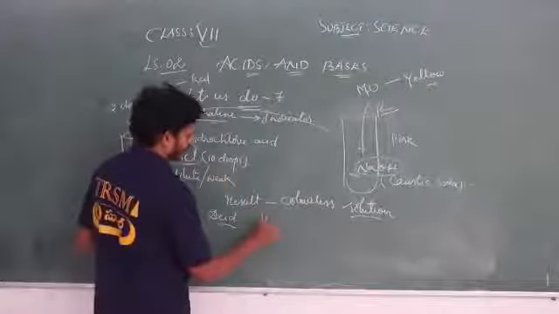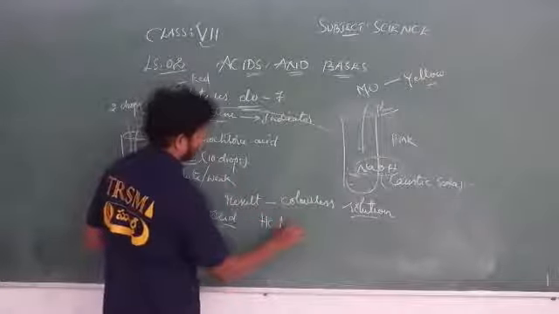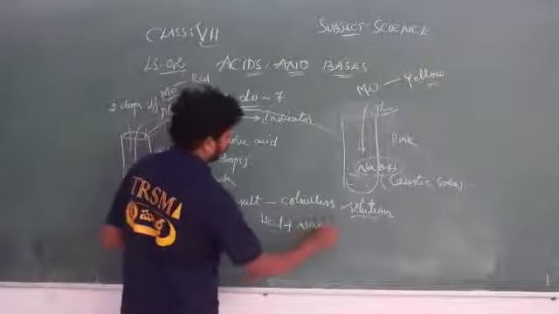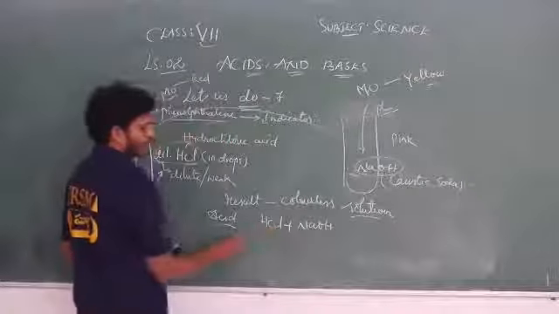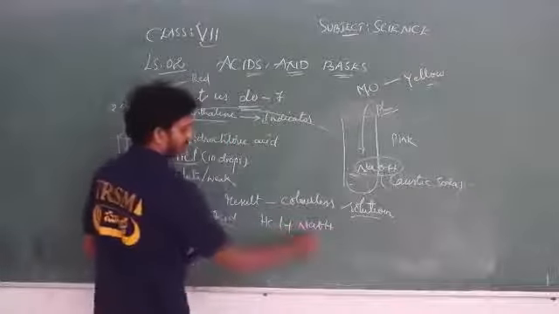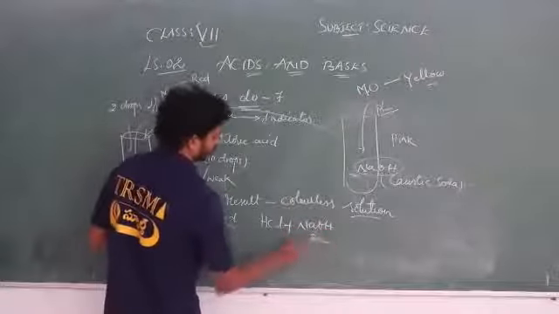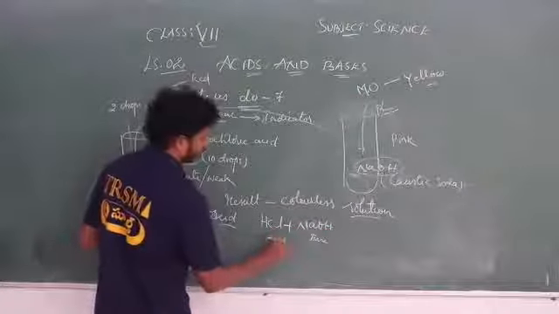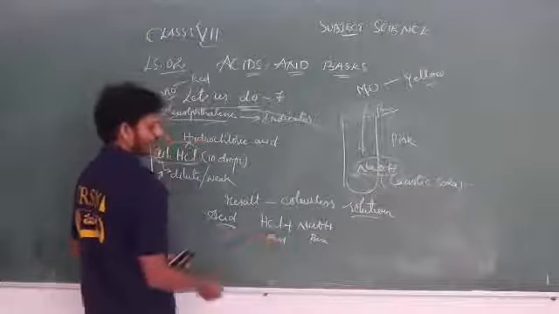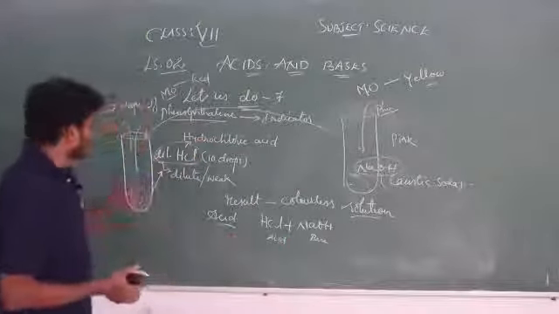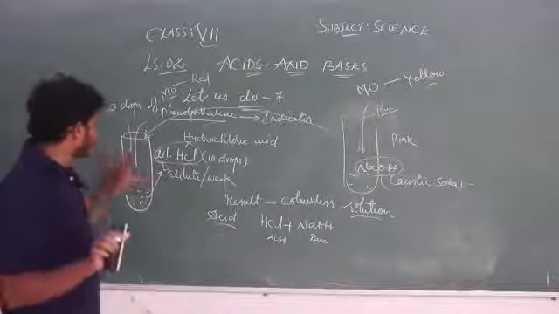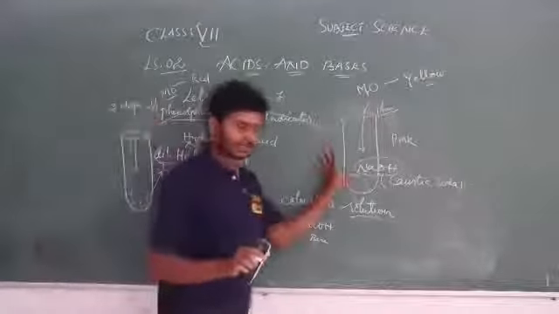HCl plus NaOH, sodium hydroxide. This is hydrochloric acid and this is a base. So what happens when both react with each other?